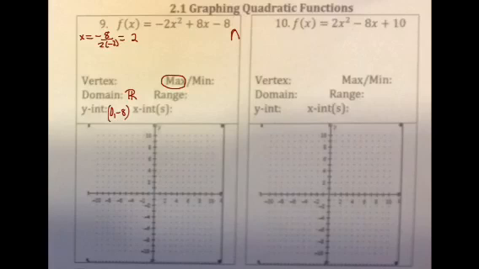And then for the y, replace the x's with the +2, so that's -2 times 2 squared plus 8 times 2 minus 8, so that gives you -8 plus 16 minus 8. Okay, so that gives you 0. So (2, 0).